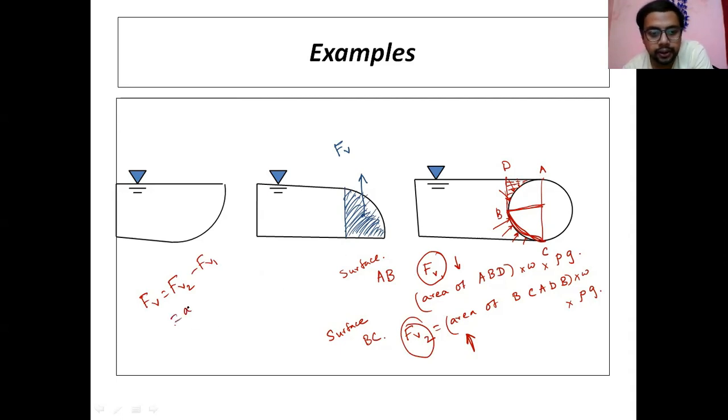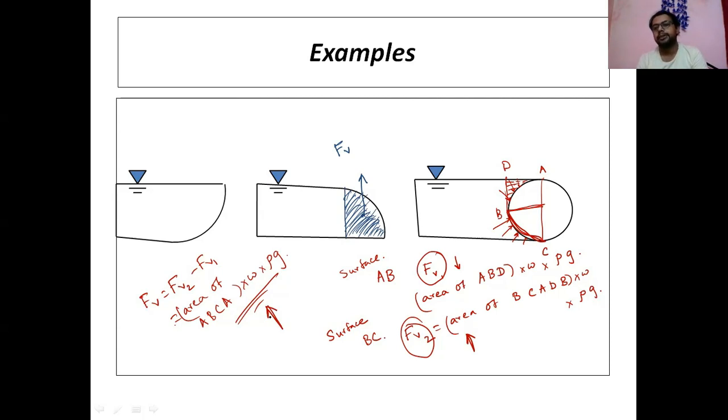So the area you get here, ABCA, is the semicircular area, times width times rho g. This gives you the net force, which will be vertical in direction. That is the consideration.